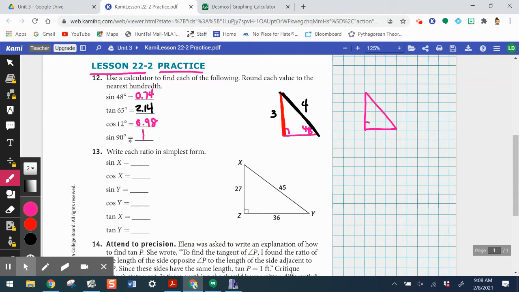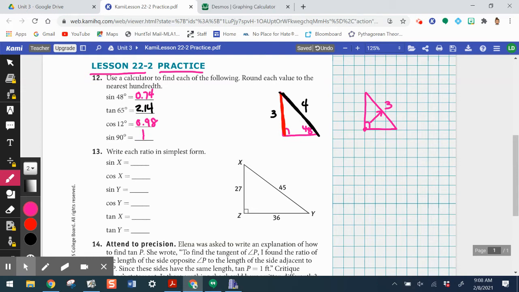Well, if we think about it, let's say that here we have this 90-degree angle. The sine ratio is the opposite side compared to the hypotenuse, and the opposite side of the 90-degree angle would actually be the hypotenuse. So whatever measure it was, let's say it's 3. If we write the sine of 90, we would be writing 3/3.